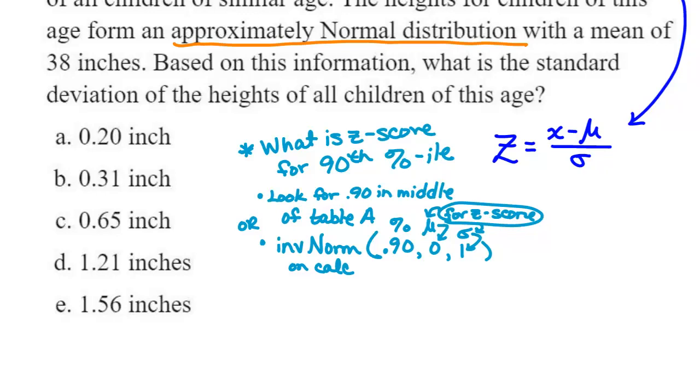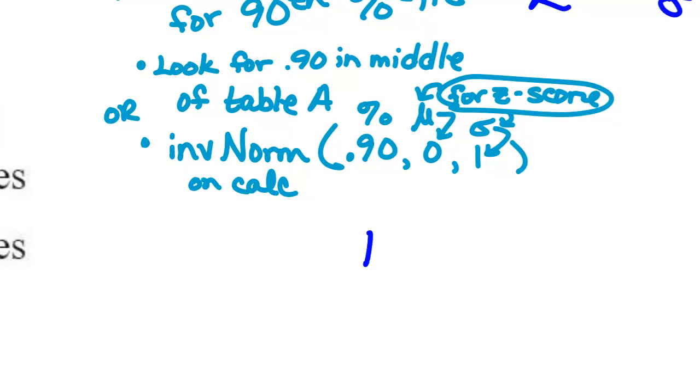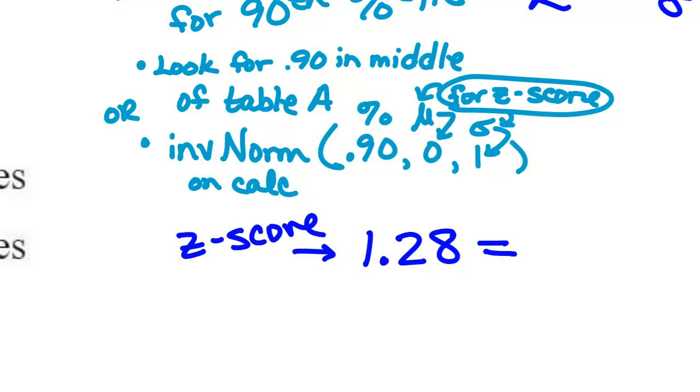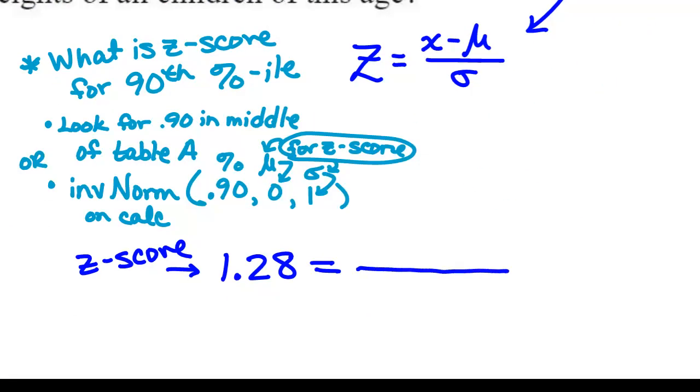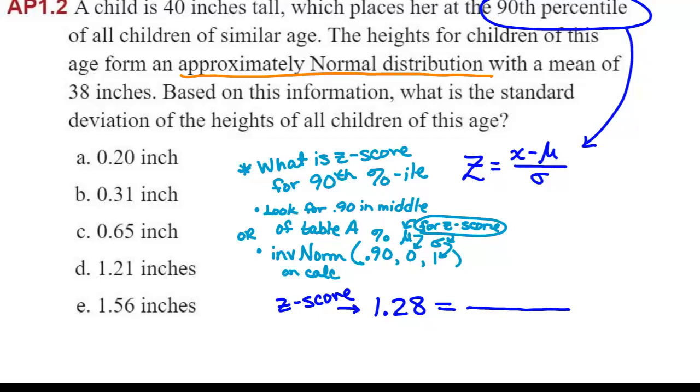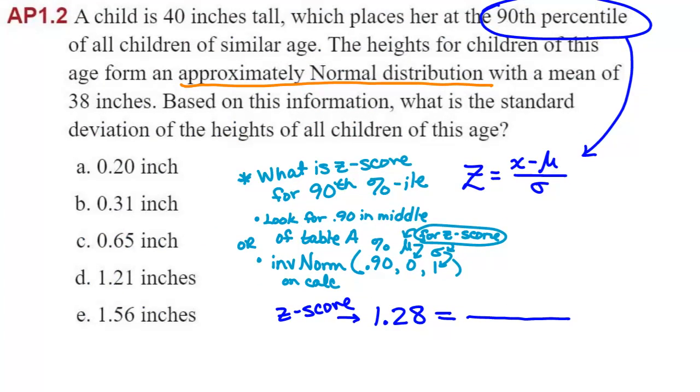I want 0.90 and then comma, mean of 0, comma, standard deviation of 1, close my parentheses. I get 1.28 if I take it out to just 2 decimal places. So 1.28, there's my z-score. Z is equal to, x is going to be the observed value, and mu is going to be the mean.